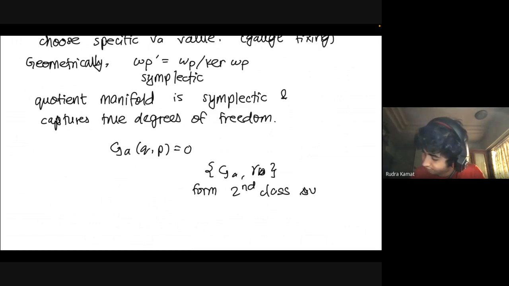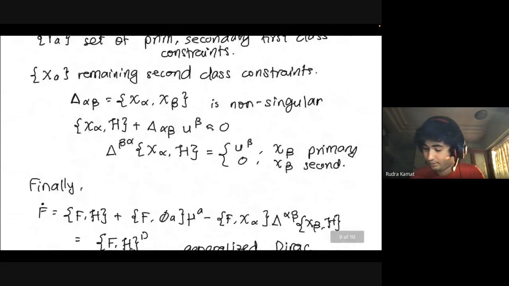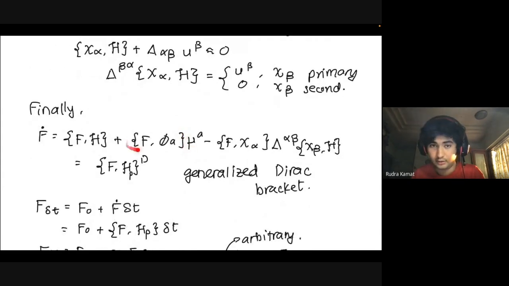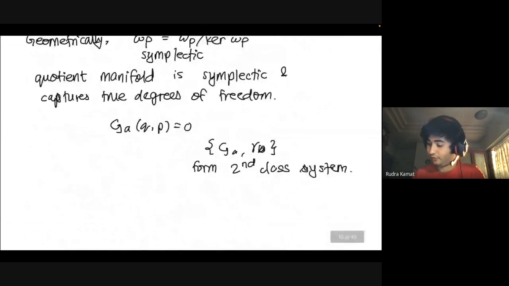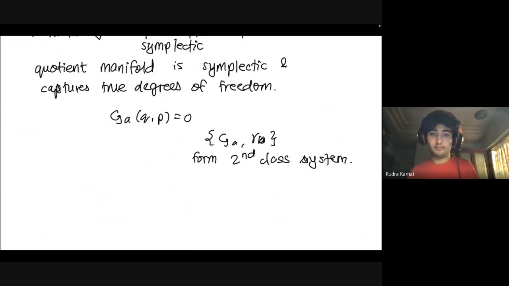And the advantage of a second class system is the multipliers are well defined. Like if we go back here, the multipliers were well defined. This entire table gave us all those multipliers. And then we just get rid of all of this undetermined stuff here, and we can just end up in a form like that. So that's what gauge fixing does. You're quotienting that out from your manifold, or the manifold you end up with.